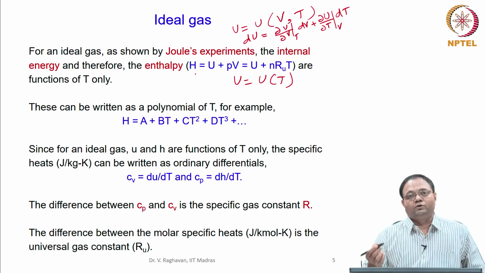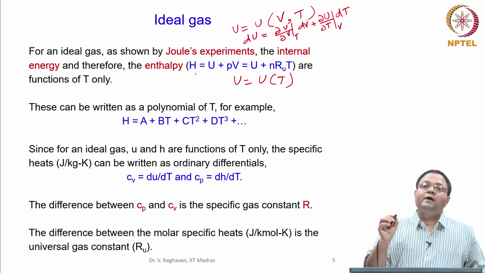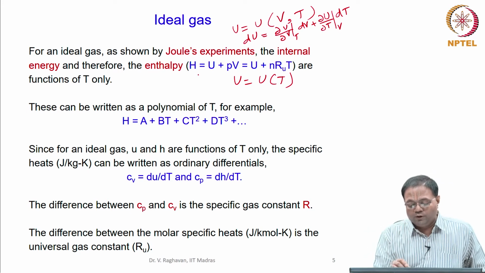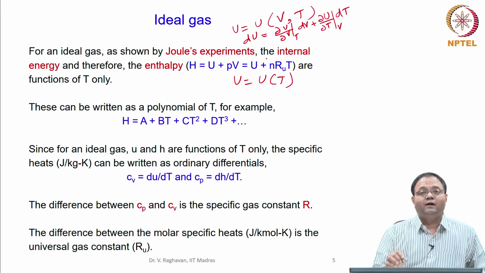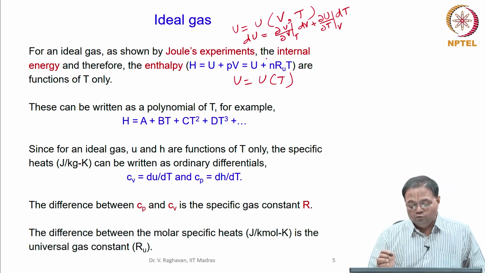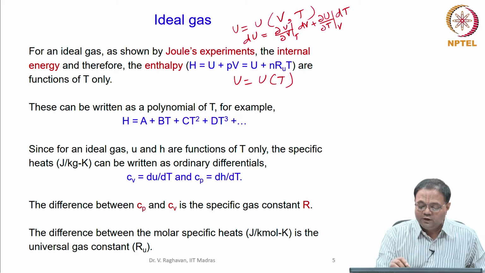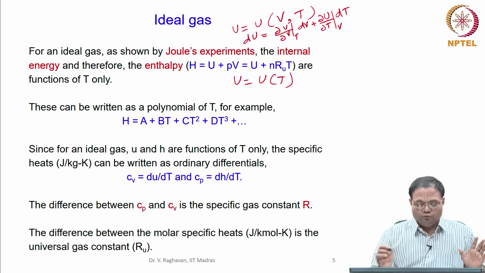For all other gases, you can write H as a function of P comma T. But by Joule's experiment, for ideal gases the dependence of enthalpy on pressure is not there. So enthalpy will be dependent only on temperature. Similarly, internal energy is only a function of temperature. So you can evaluate that.